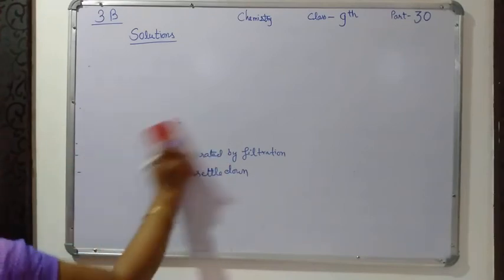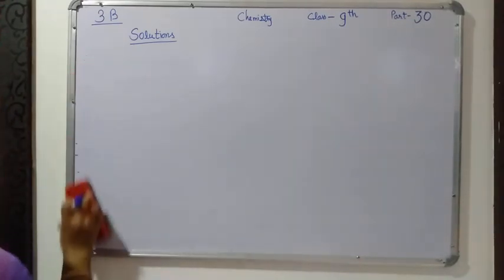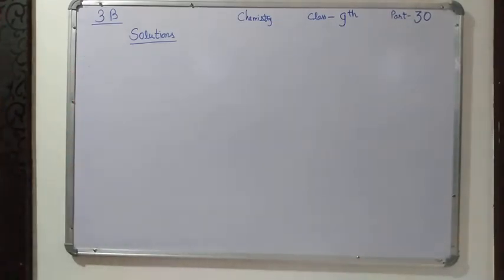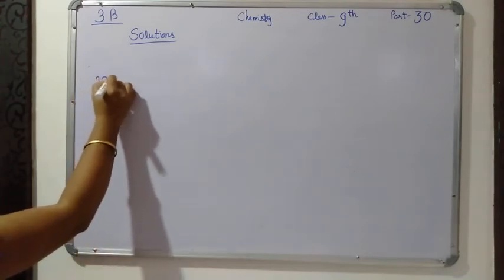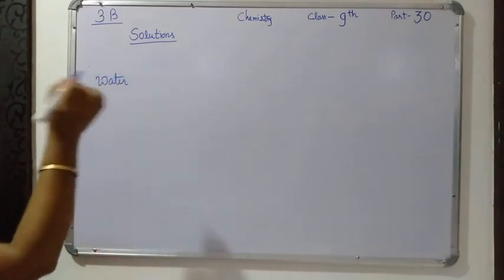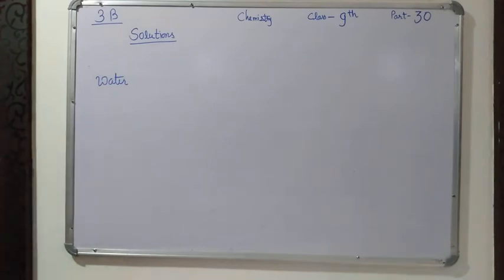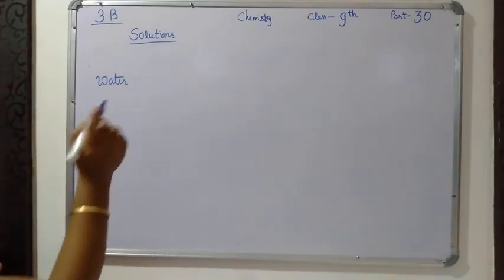Till now I explained solutions in which water was the medium. Water is a very common solvent in which you can dissolve so many substances. That is why water is also called a universal solvent.